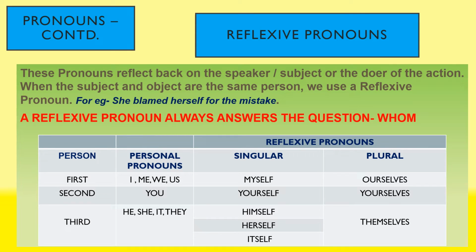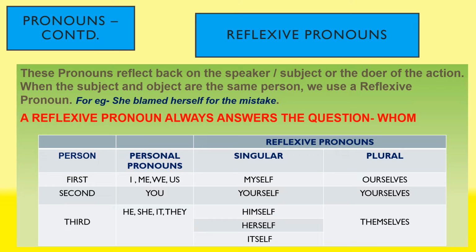Now, reflexive pronouns, just like the name suggests, it is called a reflexive pronoun. These pronouns reflect back on the speaker or the subject or the doer of the action. Whoever is the subject, the pronoun reflects back on that person. So when the subject and object are actually the same person, we are actually talking about a reflexive pronoun.